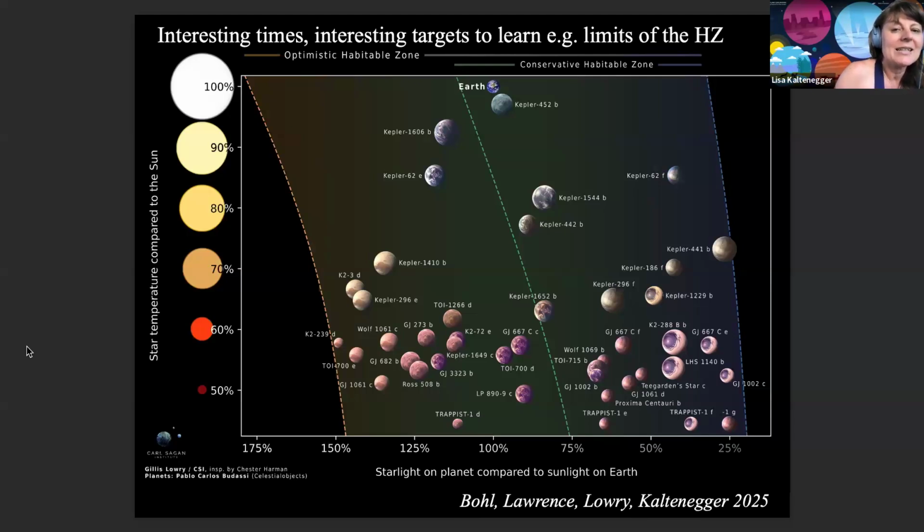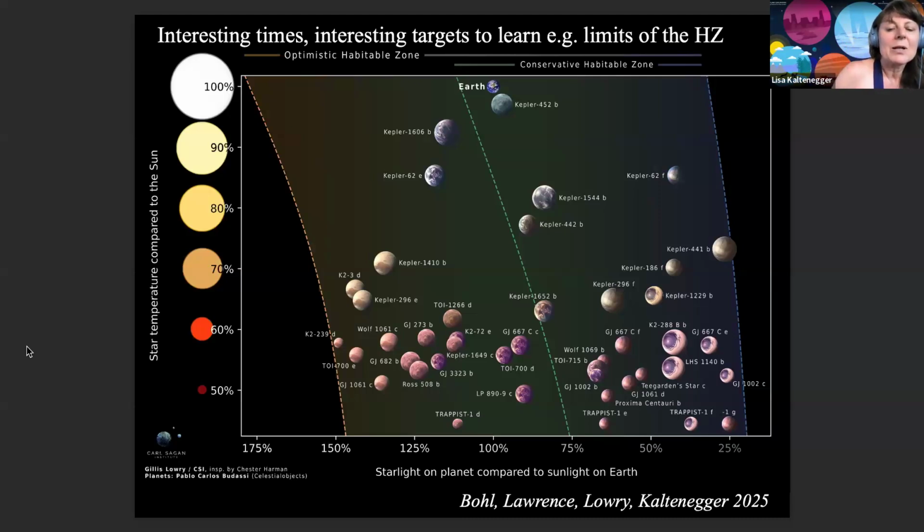And as Jessie just said, it's not a necessary condition that if you're in this habitable zone, you have to be habitable. But we define the habitable zone for a rocky planet with about the mass of the Earth, 0.5 to about 10 times the mass of the Earth, could allow for liquid surface water.